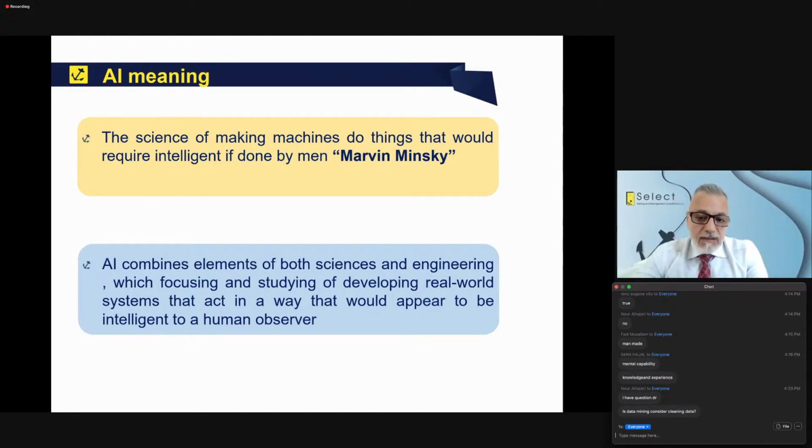I might need, for example, different systems working together. I need another technology to help those systems work together. Artificial intelligence is not enough. Machine learning is not enough. So AI combines elements of both science and engineering, with a focus on studying and developing real-world systems that act in a way that would appear to be intelligent to a human observer.